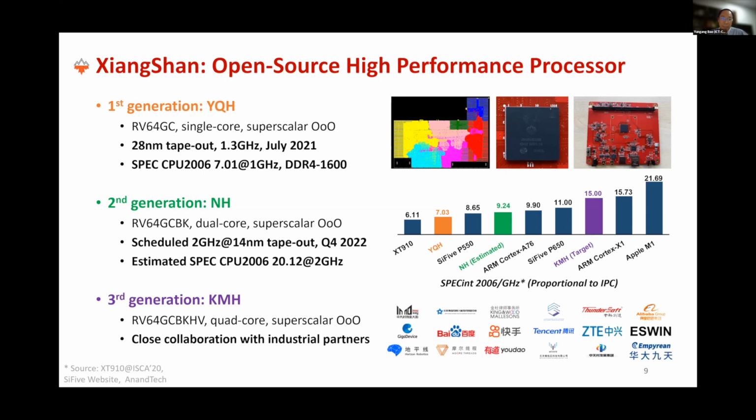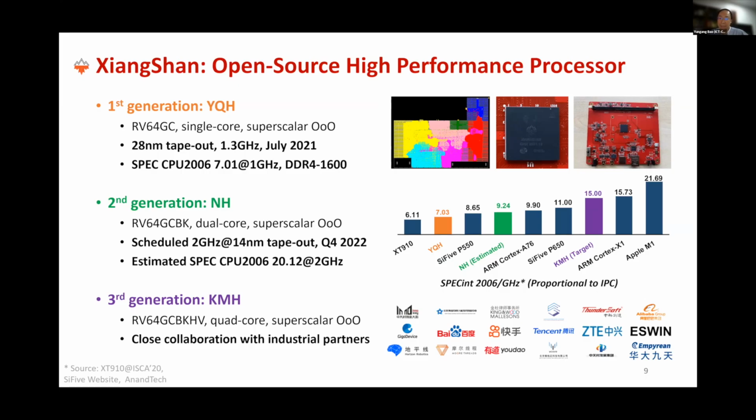And now we are working on the third generation, the Kunminghu, and this time we are not alone. We have close collaboration with industry partners, and they have given a lot of support to build the third generation.